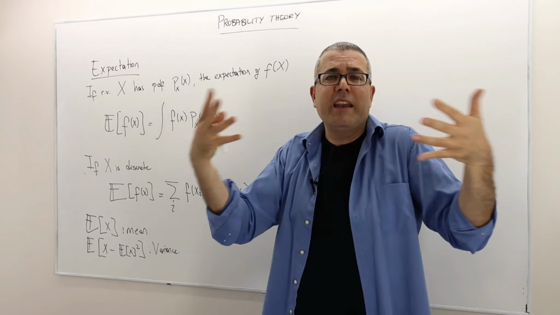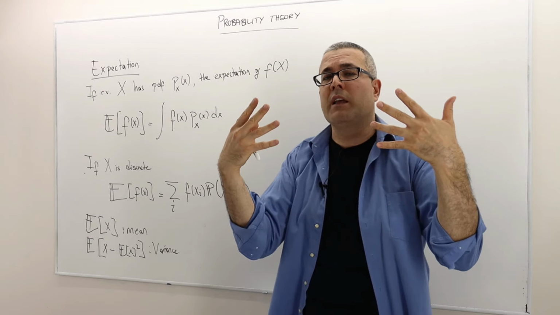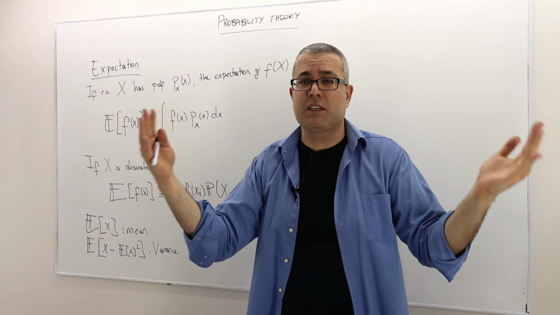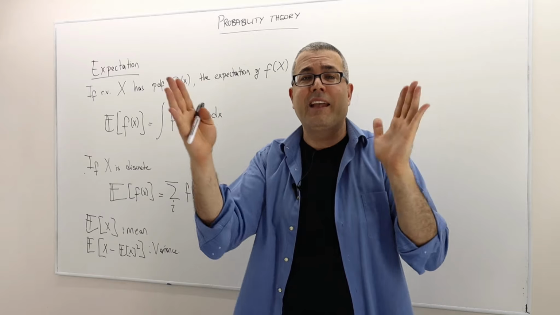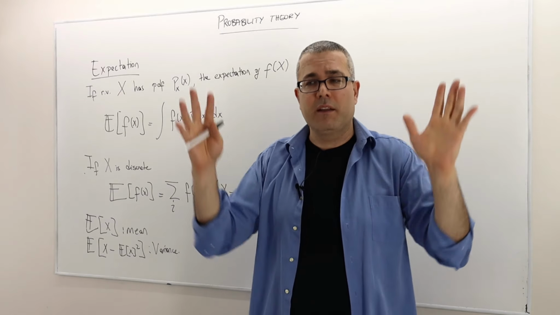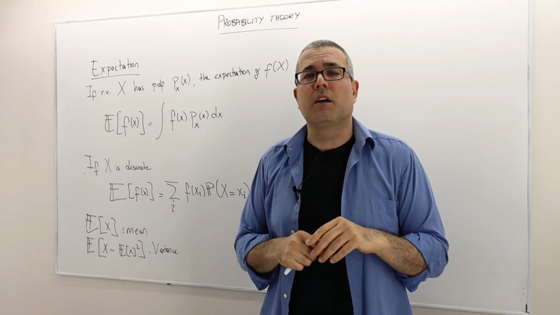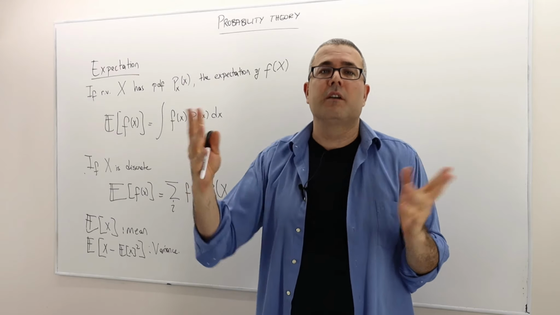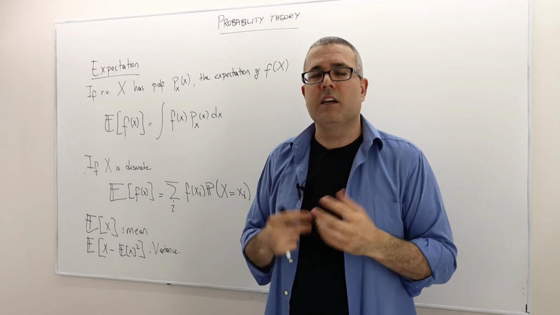The weighted average gives me the average of this classroom. I can't specifically tell what this student got or that student got, but the average grade is whatever. So that's the idea of expectation.